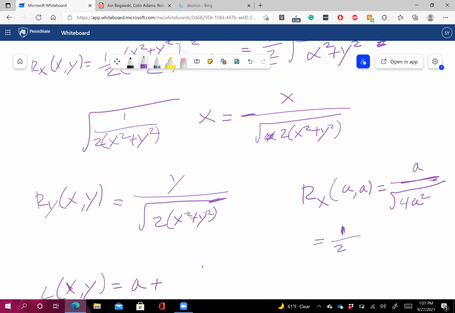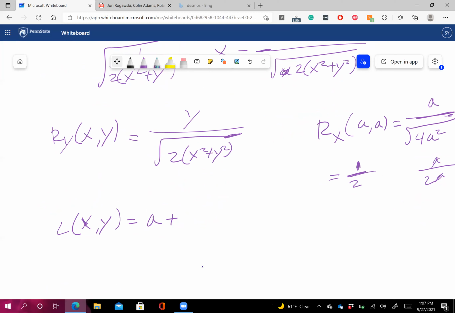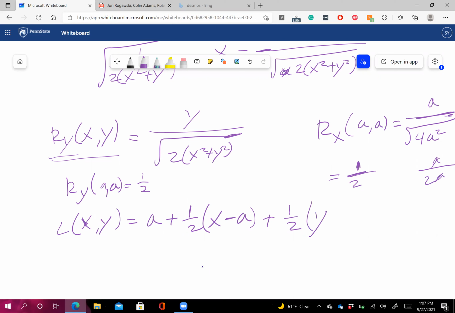Yeah, just 1/2, right? This is going to be a over 2a. And similarly, so this is going to be 1/2 times x minus a plus another 1/2, and then do the same thing with your partial with respect to y, and you will get that the partial of r with respect to y at (a, a) is equal to 1/2 also. So that's just going to be 1/2 of y minus a.